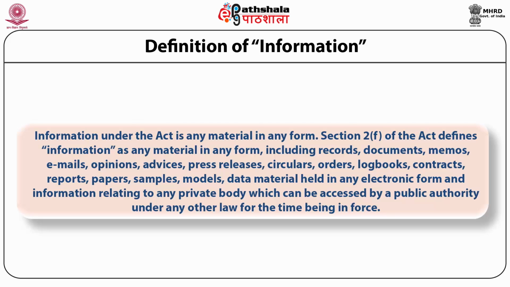Section 2(f) defines information as any material in any form, including records, documents, memos, emails, opinions, advice, press releases, circulars, orders, logbooks, contracts, reports, papers, samples, models, data held in any electronic form, and information relating to any private body which can be accessed by a public authority under any other law for the time being in force. So it also includes information relating to a private body, provided that information can be accessed by a public authority, basically, right? So how do you get this information, right?